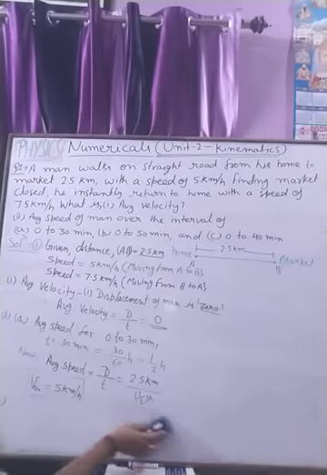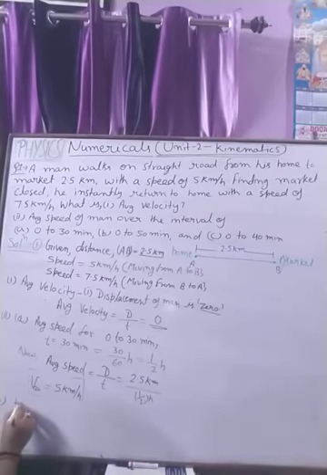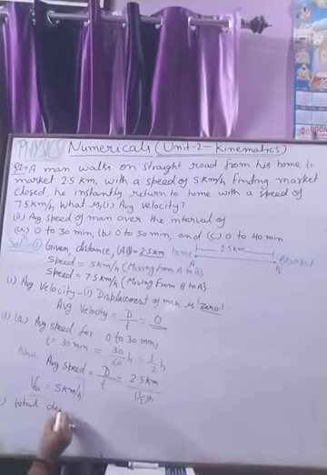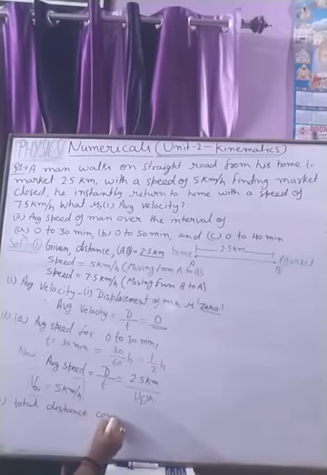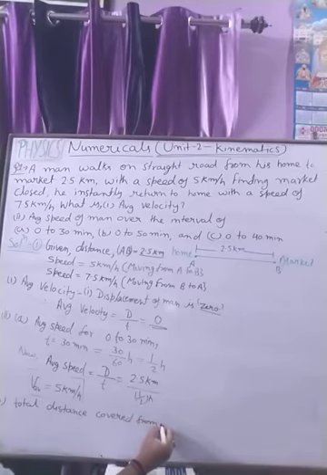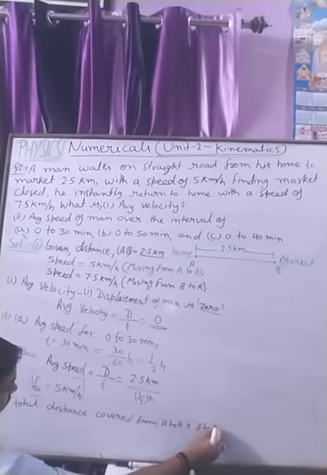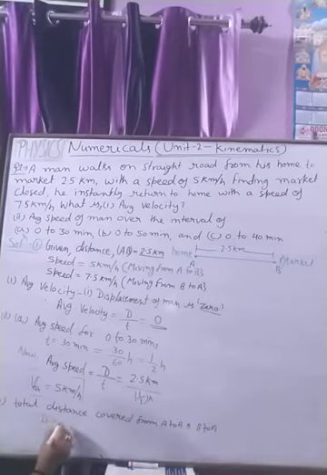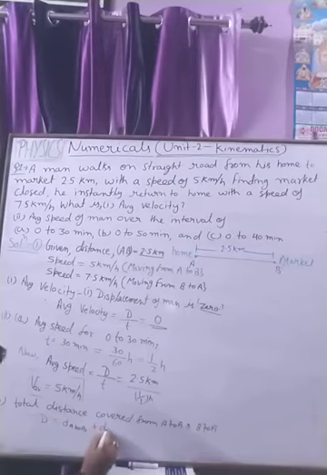We can say total distance covered from A to B and then B to A is D equal to distance A to B plus distance B to A, is 2.5 plus 2.5 is 5 kilometer.